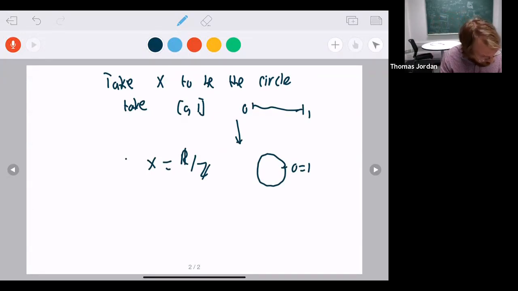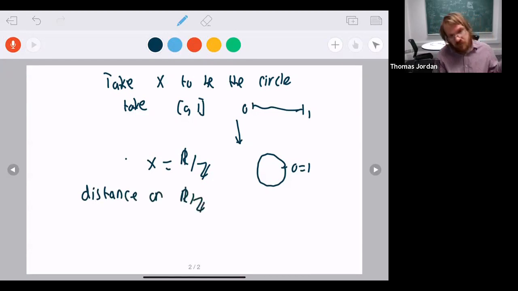Okay. I should just quickly explain what distance on the circle is. Basically, if you have points alpha and beta, I'm not going to define this formula, I'll just draw a picture.